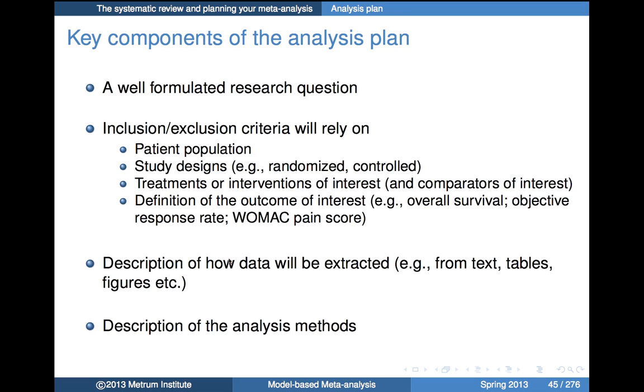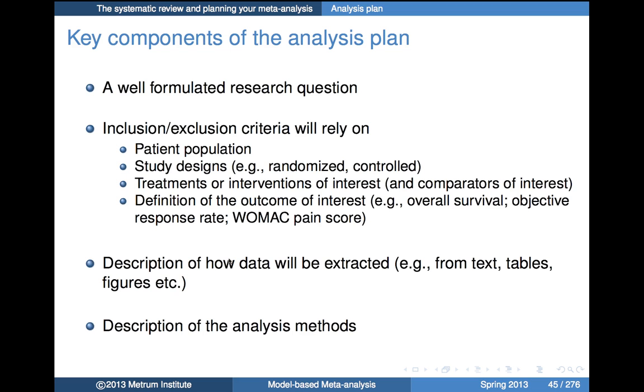As for the analysis plan, as I stated before, you want to think about one or more well-formulated research questions, and I'll give a couple examples of what that might look like in just a minute. When you're thinking about inclusion-exclusion criteria, those are going to be things along the lines of what patient population you would like to include.